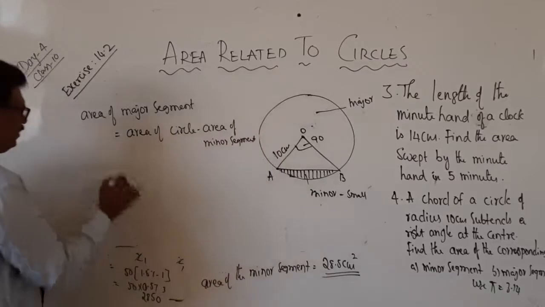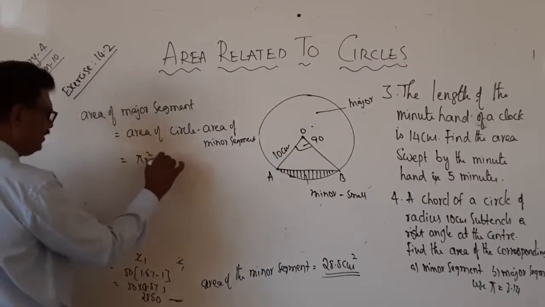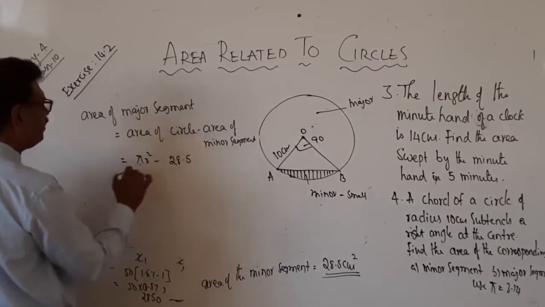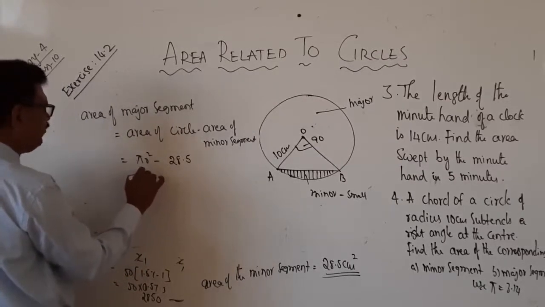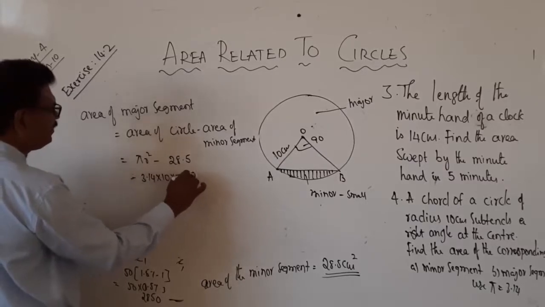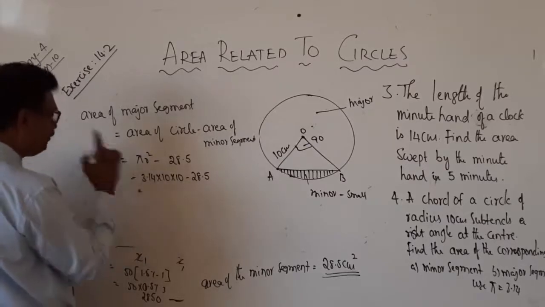Okay? Yes. Area of circle is nothing but pi r square minus 28.5. Pi is 3.14 into 10 into 10 minus 28.5.